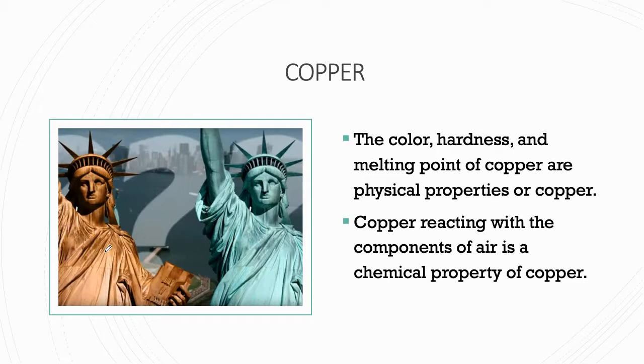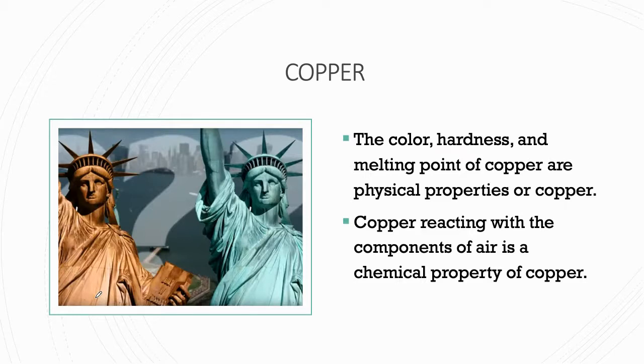That's a copper color. And if we were to describe this with physical properties, we can look at our Statue of Liberty, which, by the way, when we first received her, she's made of copper and she was this color. She was this copper color. So we could describe her. We could say her color is this orangish brown.